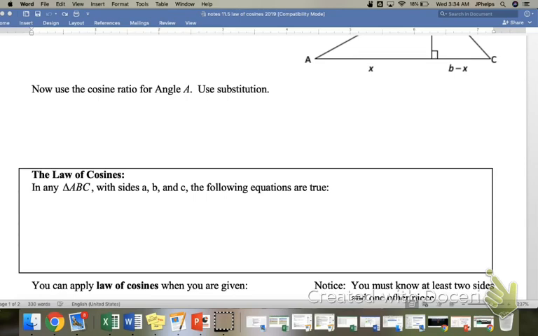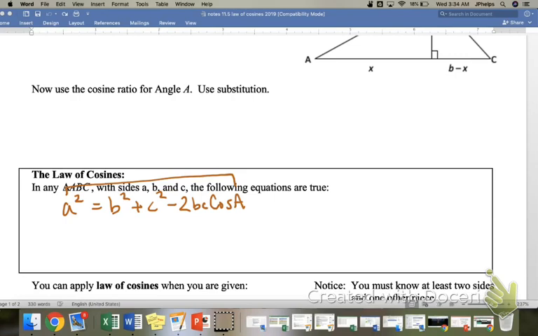So we've got the law of cosines. This can be written in 3 different ways. In terms of A, this has a squared, and if you notice, it's aligned with angle A. So if you're solving for angle A or if you're solving for side A, then it needs to be in this form.